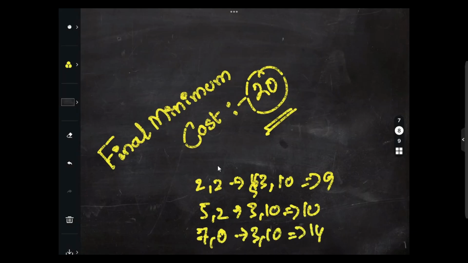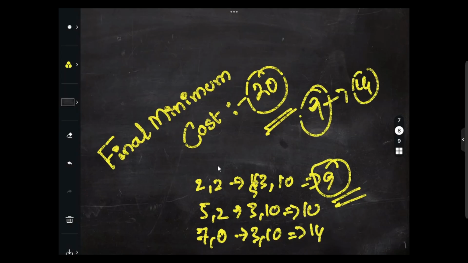Out of which, according to Prim's algorithm, we will be considering the least value. Since we are always picking the minimum cost, the algorithm already recorded that 3,10 was reachable with 9, that is from 2,2. So we used 9 instead of 14. 9 plus 11 will give us the output 20. So don't get confused with this, right?